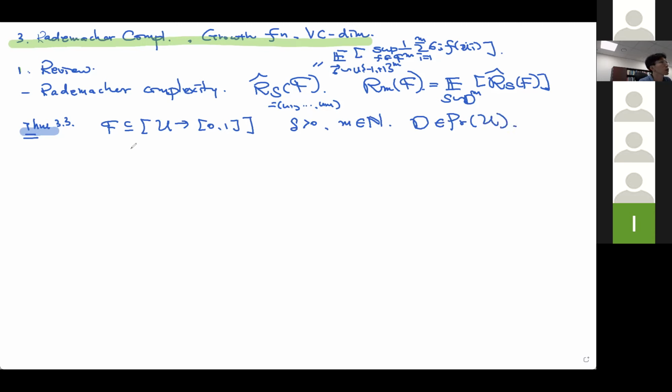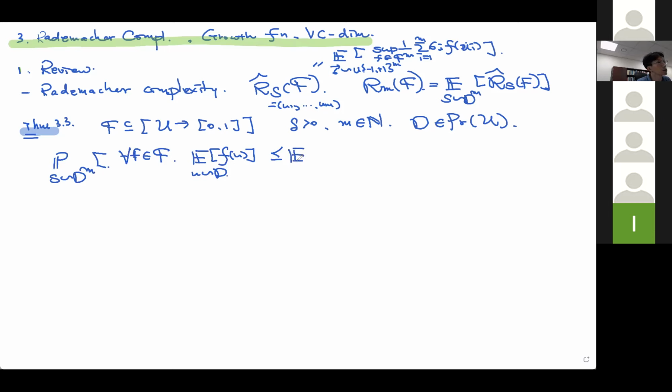Then the result says the following. For any m independent samples S, for every function f, we want to bound the expectation of f when the input is drawn from the distribution D. But we cannot really do that, so instead we want an empirical estimate of the bound.